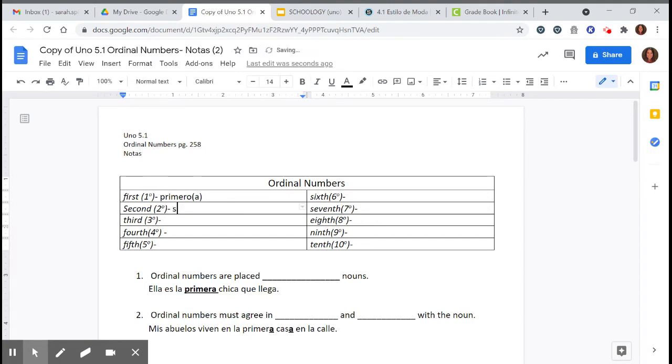Second would be segundo or segunda. Third is tercero, or we could also say tercera. Fourth in Spanish would be either cuarto or cuarta.